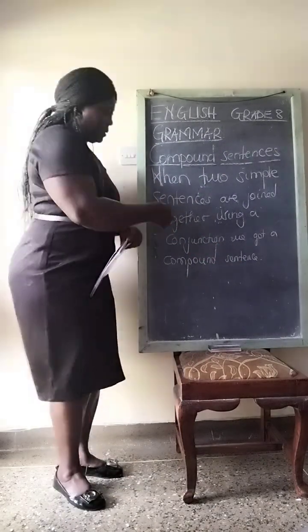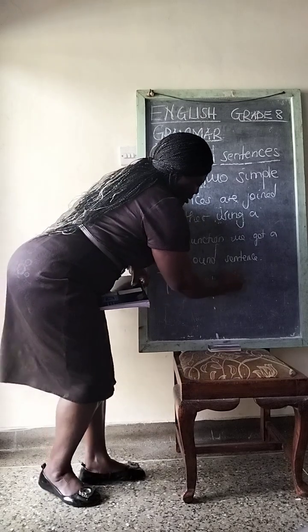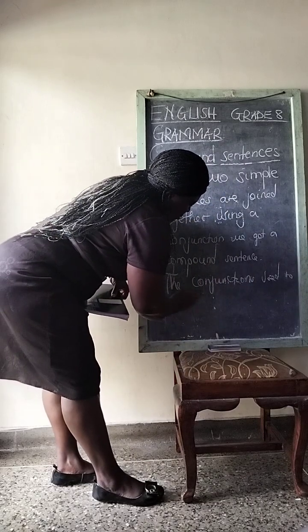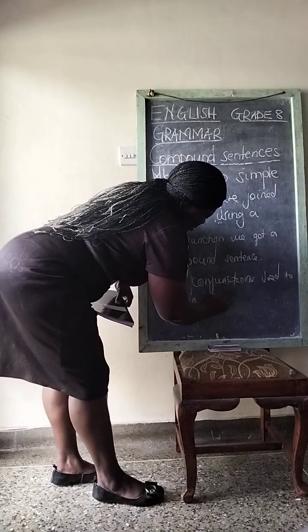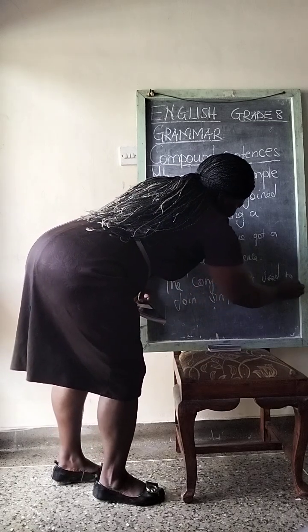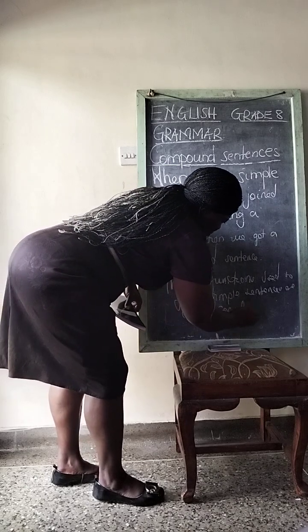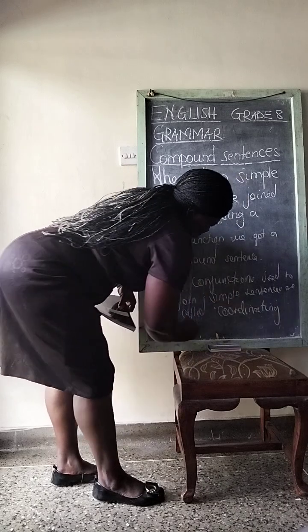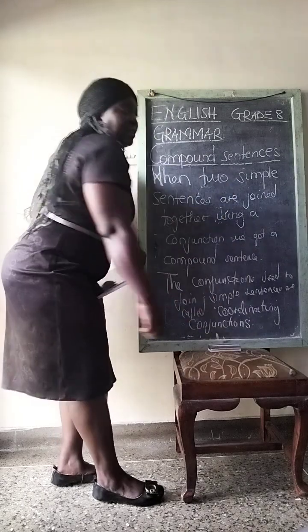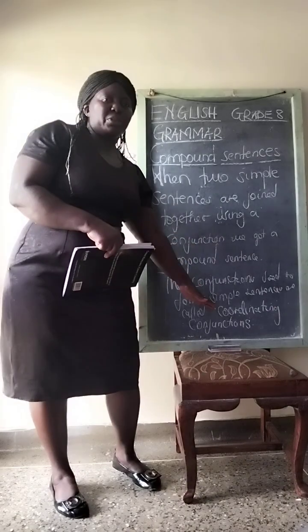Let's go ahead and continue noting the conjunctions. The conjunctions that are used to join two simple sentences together are called coordinating conjunctions.